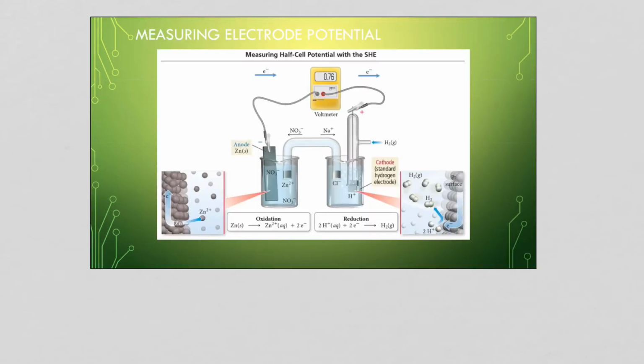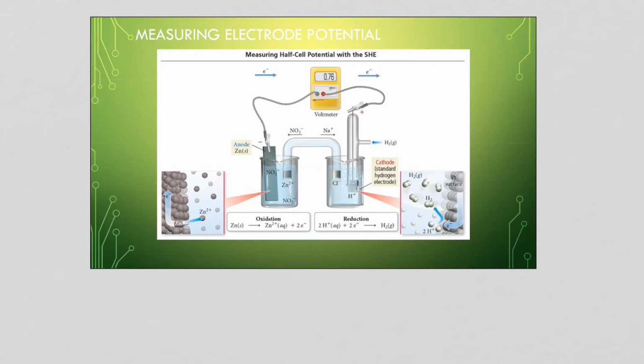So let's look at an example here. Let's say we took our zinc electrode and hooked it up, compared it to the SHE electrode. What we would observe, right, is that the zinc is going to have a more negative potential compared to the SHE.